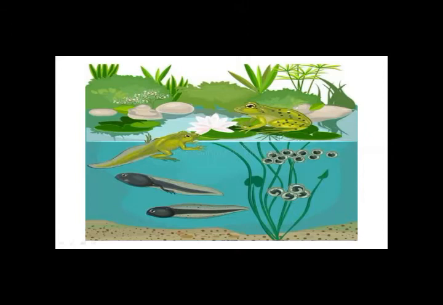Okay, but after some time, a tadpole. You can see here in the egg, beta, this is a gray structure. This is called a baby frog. Tadpole. The tadpole grows inside the egg.